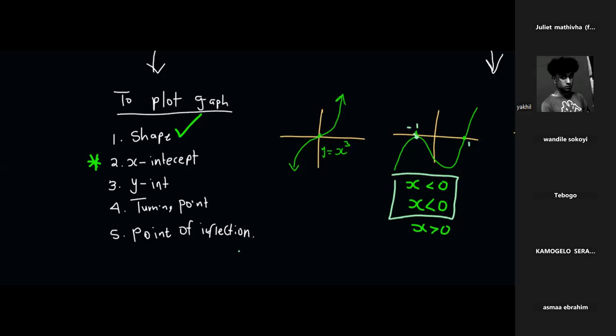Most of you know it. Or for you to find the x-intercept of a cubic function, because that's the one that is very tricky, we use the long division method. Most of you are running away from the long division method because maybe you don't know how to use it. But it's very easy, don't stress. Here, this is the tricky part. The rest is very easy.